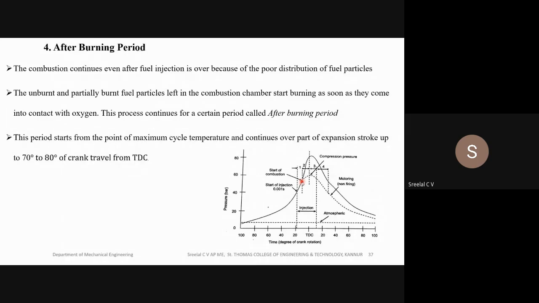Those particles start burning as soon as they come in contact with oxygen. That burning of the unburned and partially burned particles is termed the after-burning process. It starts from the maximum cycle temperature and is extended into the expansion stroke, up to 70 to 80 degrees of crank travel from the TDC.